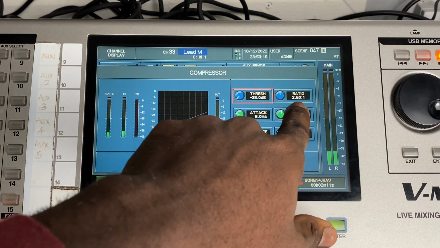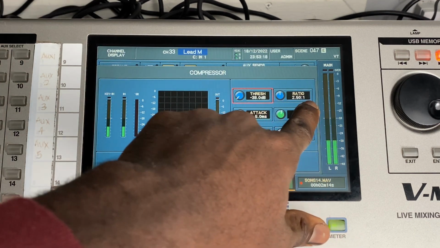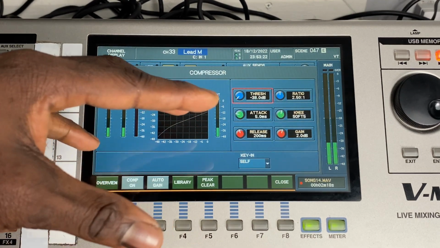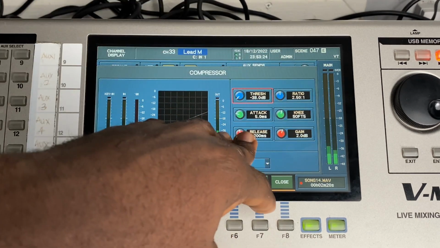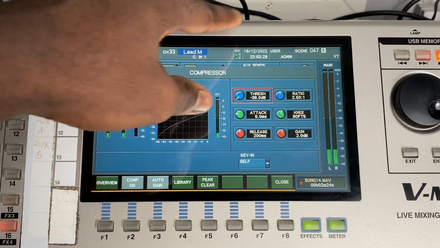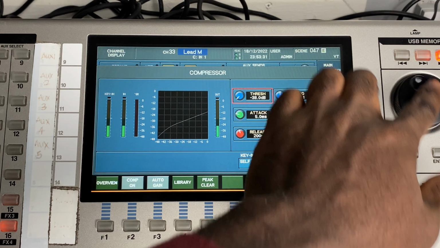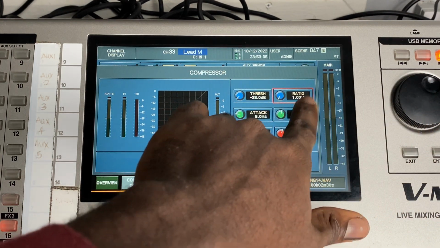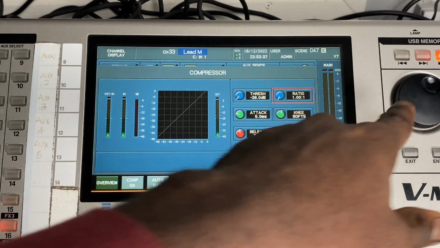So a ratio of 2.5 to 1 simply means after the threshold, when the input signal to the compressor increases by 2.5 dB, the output signal should increase by only 1 dB. So a lower ratio, for example, sounds more natural. A ratio of 1 to 1 simply means no compression at all.